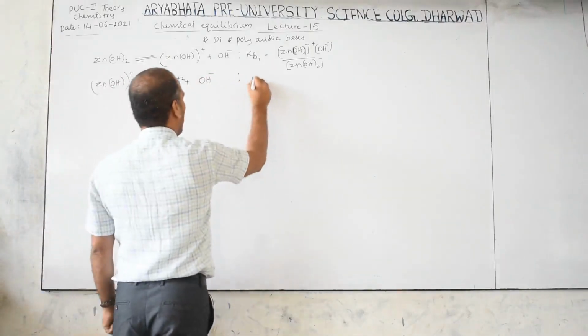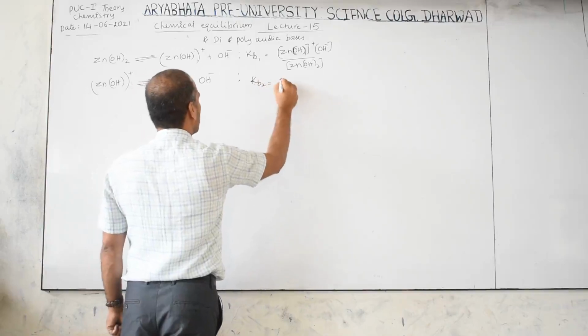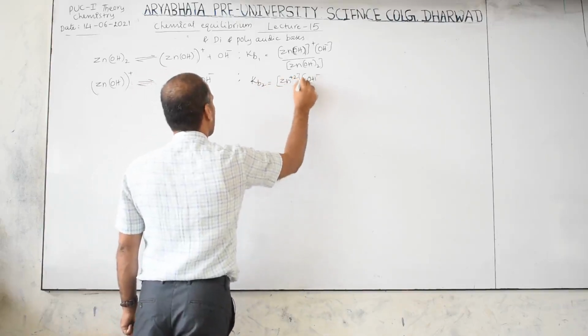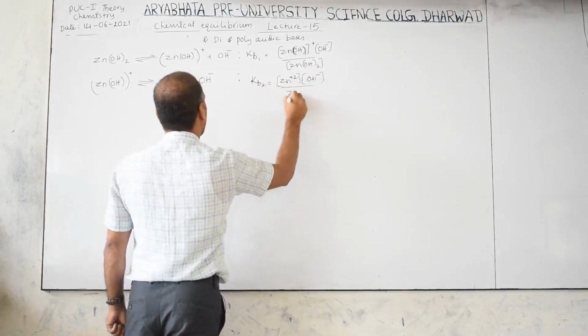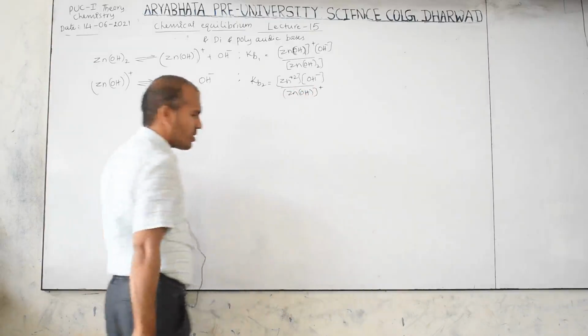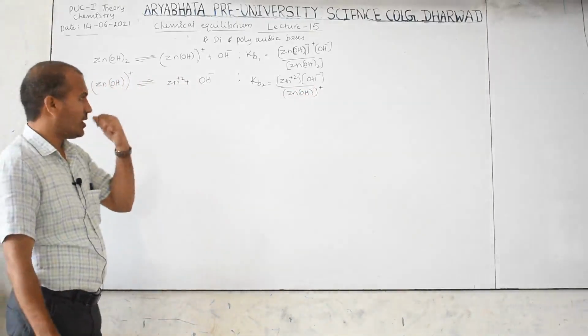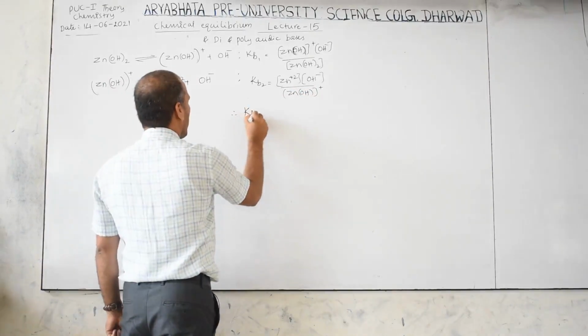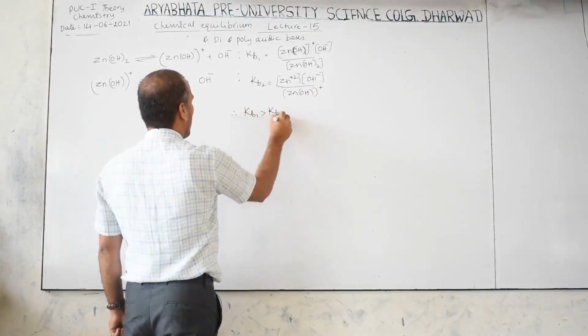Here the brackets represent concentration terms. Then Kb2 is equal to Zn plus 2 concentration times OH minus concentration, divided by ZnOH plus concentration. But the second step ionization is very less. Therefore, Kb1 is greater than Kb2.